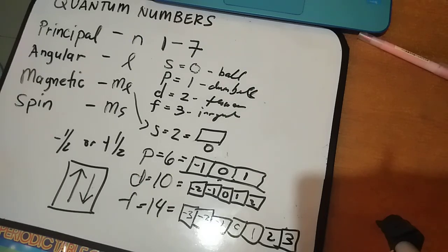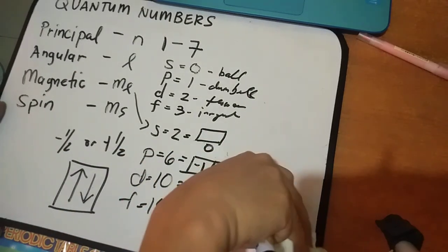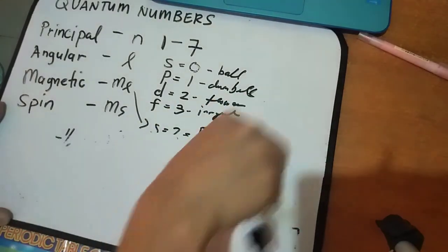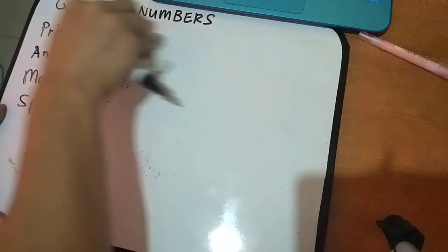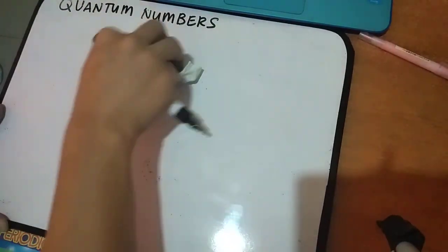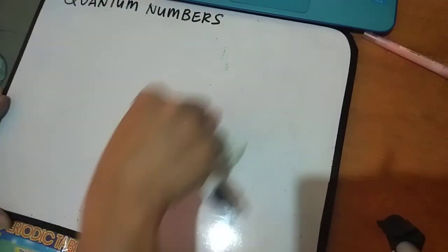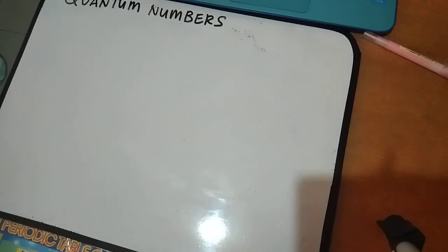Okay? So, gawa tayo ng isang sample ng quantum numbers. Unang sample natin. I hope you could remember the things that I have written here. So, gawin nating sample yung fluorine.